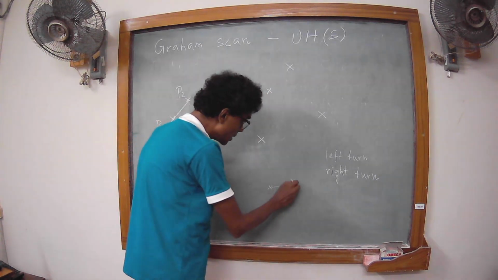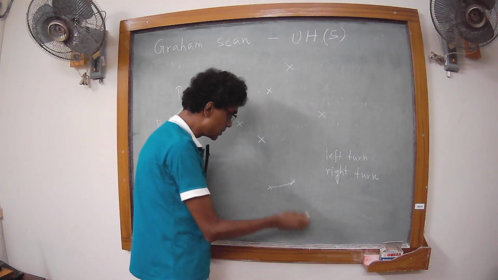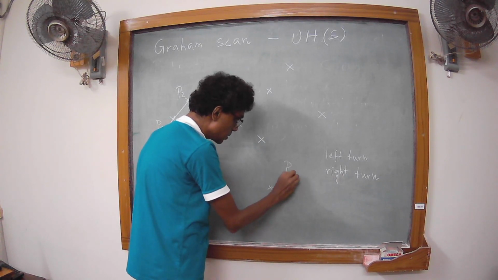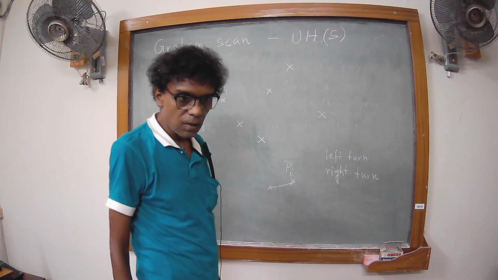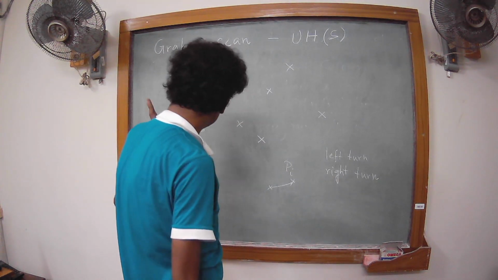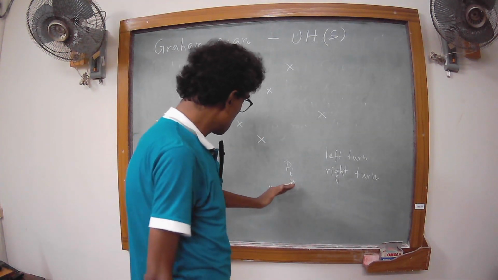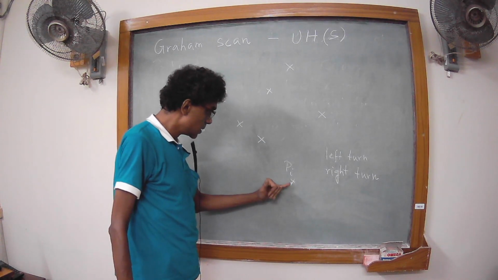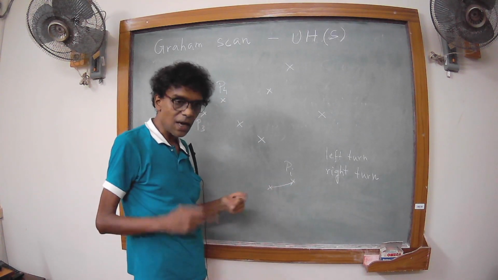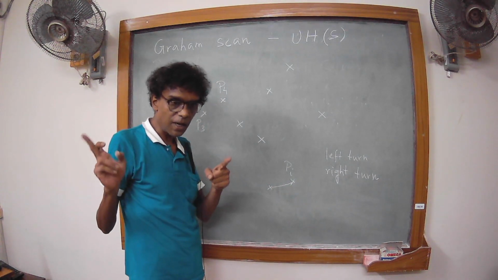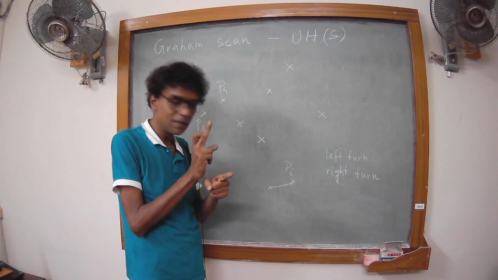Then I consider the next, this is the ith point. So I will consider P1, P2, P3, P4, up to Pi. At this point, I have constructed the upper hull of the subcollection P1 through Pi.